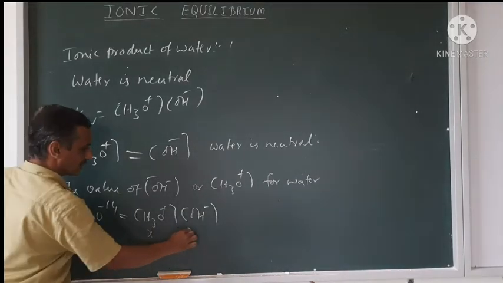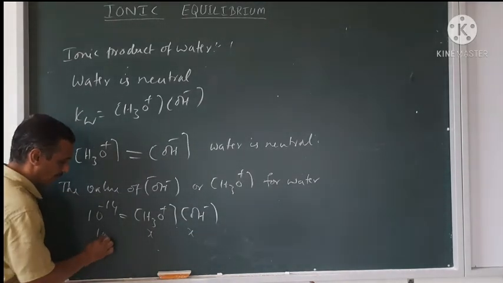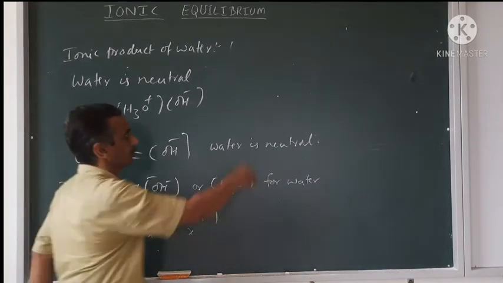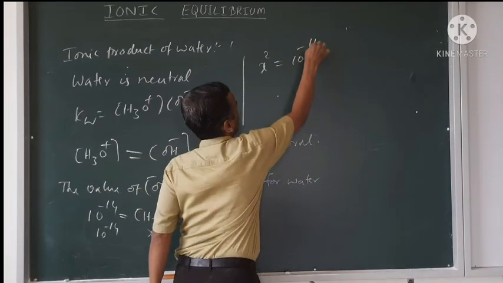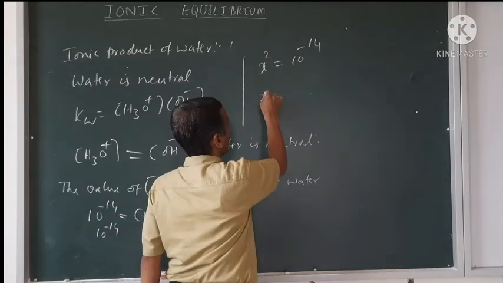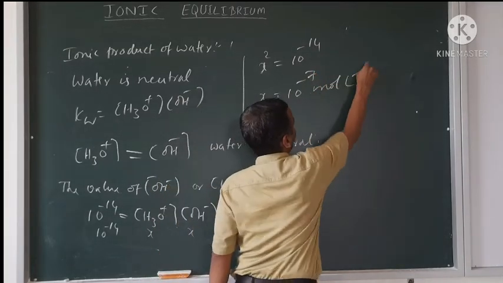If this is X, this also should be X. So X square is equal to 10 to the power minus 14, or X is equal to 10 to the power minus 7 mole per liter.